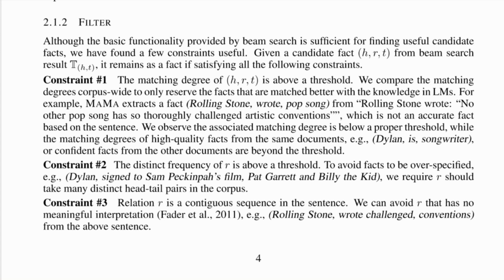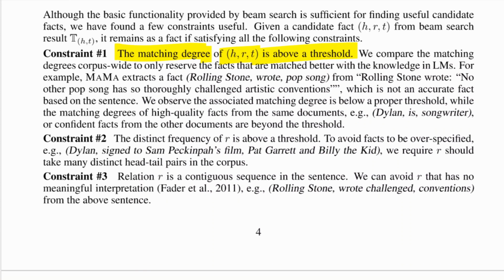So they say the matching degree, which is simply the sum of all these attention matrix entries that we've encountered during our search, so all the ones we didn't skip are counted together, is the matching degree of this triple. The matching degree must be above some threshold. That's the first constraint. They give an example for the sentence, "Rolling Stone wrote, no other pop song has so thoroughly challenged artistic conventions."